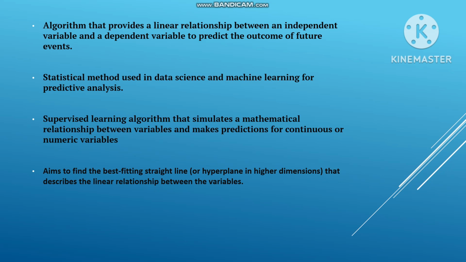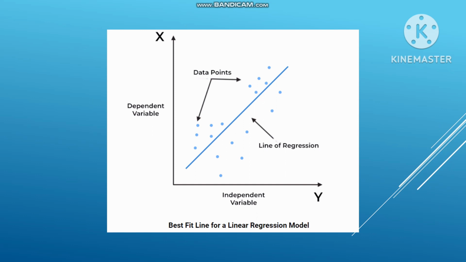Okay, so what it aims to do is find the best fitting straight line, or hyperplane in higher dimensions, that describes the linear relationships between the variables. For that, let us see this diagram. Here y represents the dependent variable and x represents the independent variable.